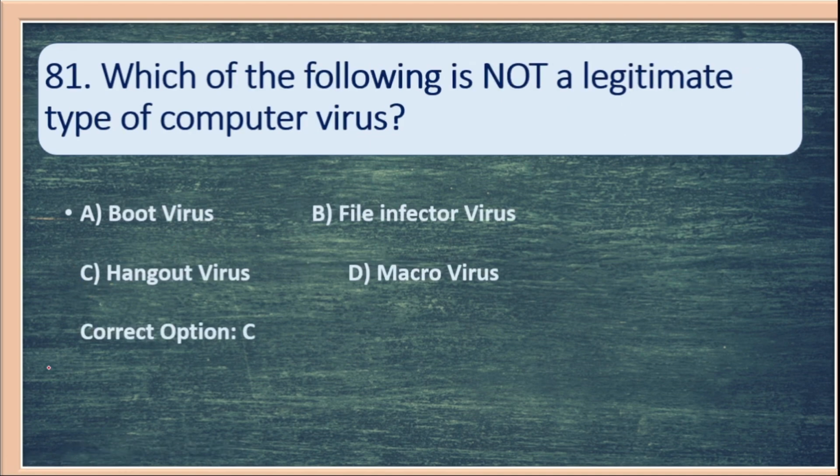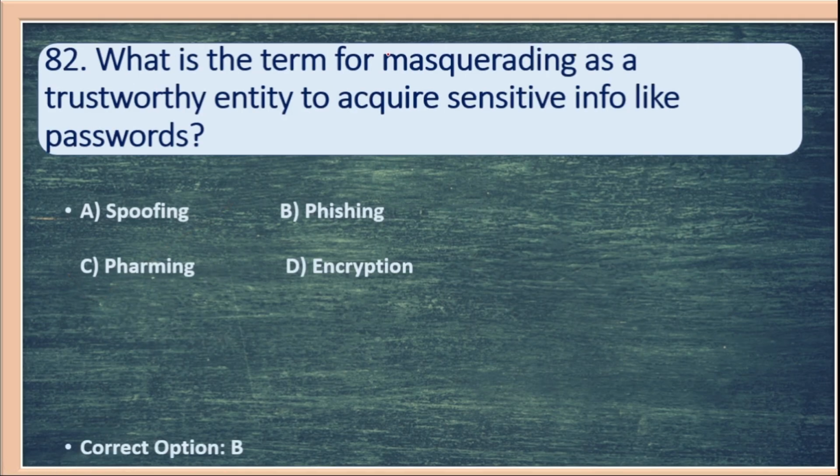Which of the following is not a legitimate type of computer virus? Boot virus, file infector virus, hangout virus, macro virus. Answer is C, hangout virus. What is the term for masquerading as a trustworthy entity to acquire sensitive information like passwords? Spoofing, phishing, pharming, encryption. Answer is B, phishing.